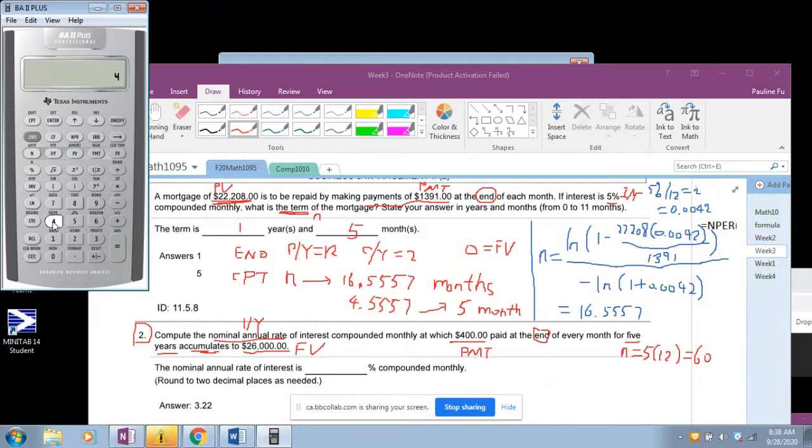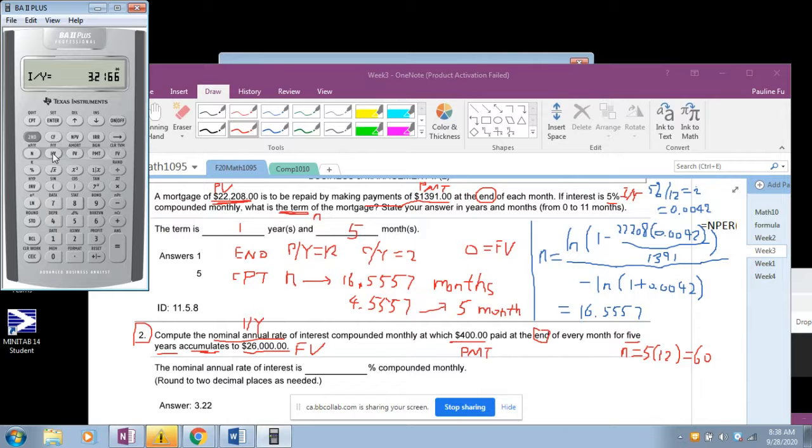Okay, I repeat. 400 negative PMT. 60 is N. 26,000 is FV. 0 PV. Compute IY.